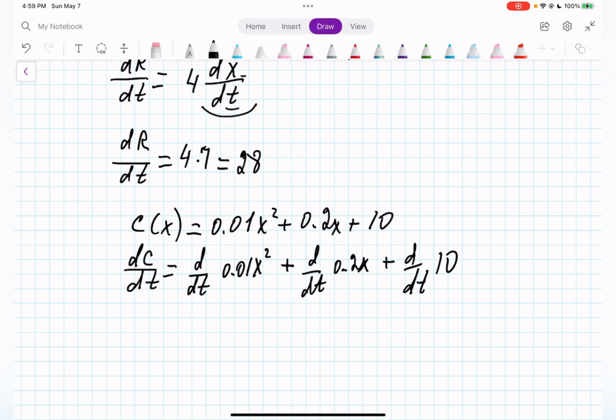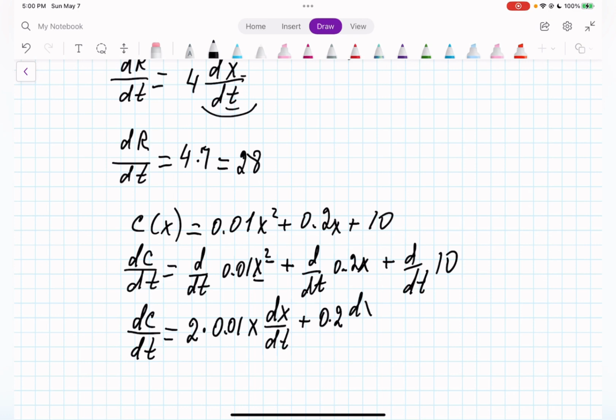Taking the derivative, dc by dt is equal to twice times 0.01 x times dx by dt, plus 0.2 times dx by dt, and the derivative of the constant is 0.